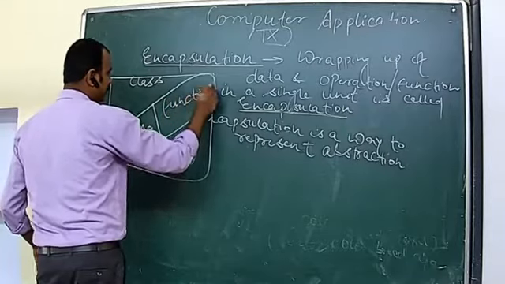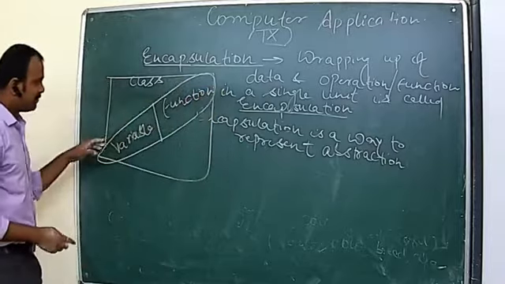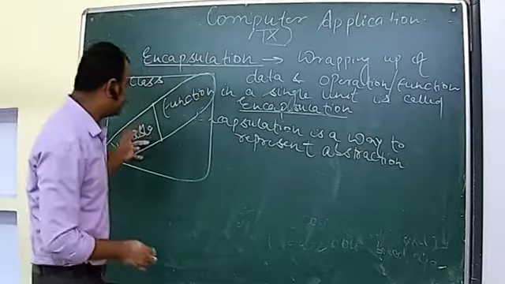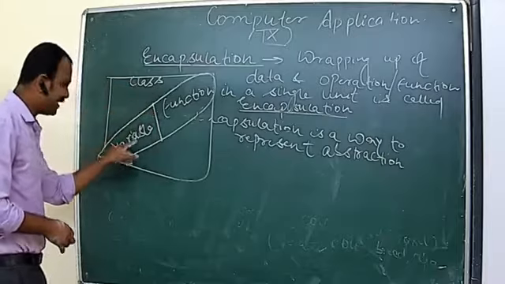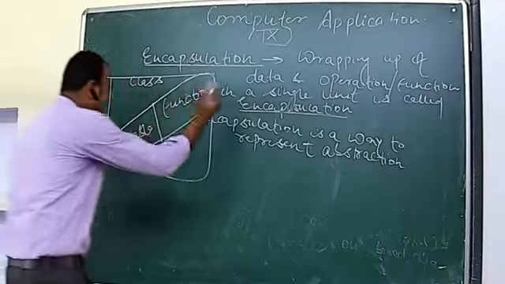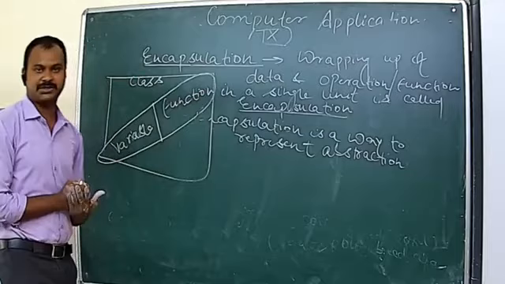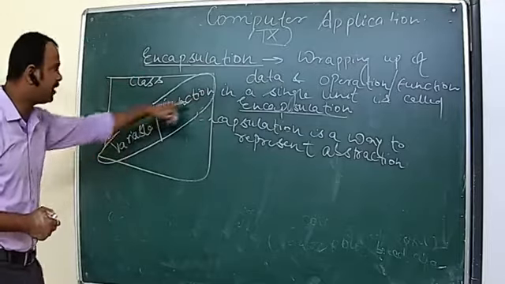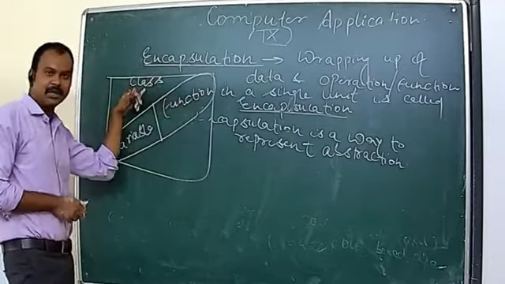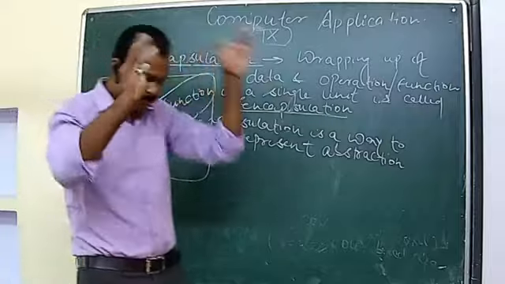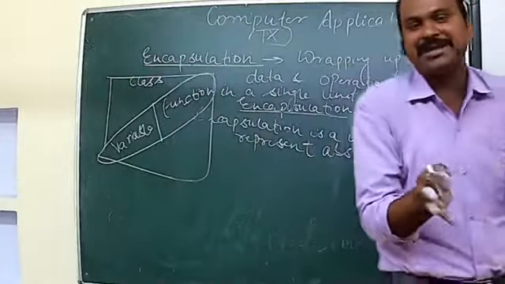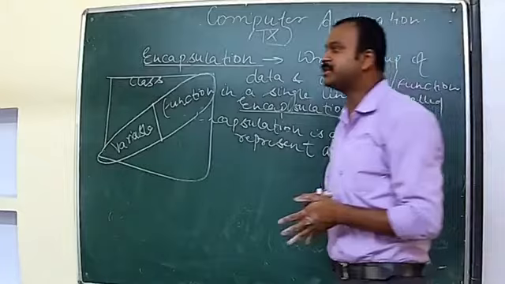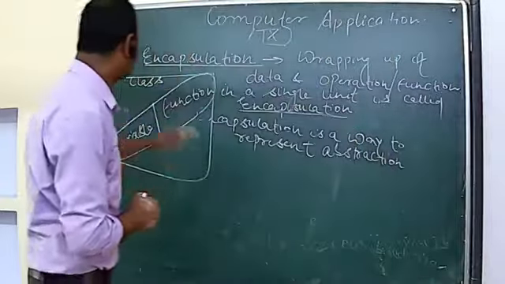See, I made a capsule type structure, and this class contains variables and functions combined into a single unit. So a class just combines or wraps up data and functions into a single unit, which is called encapsulation.